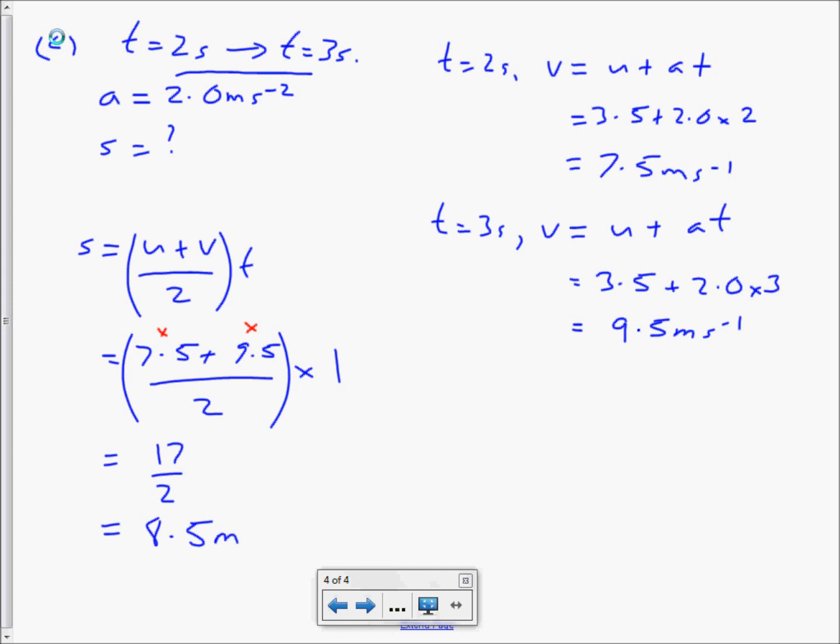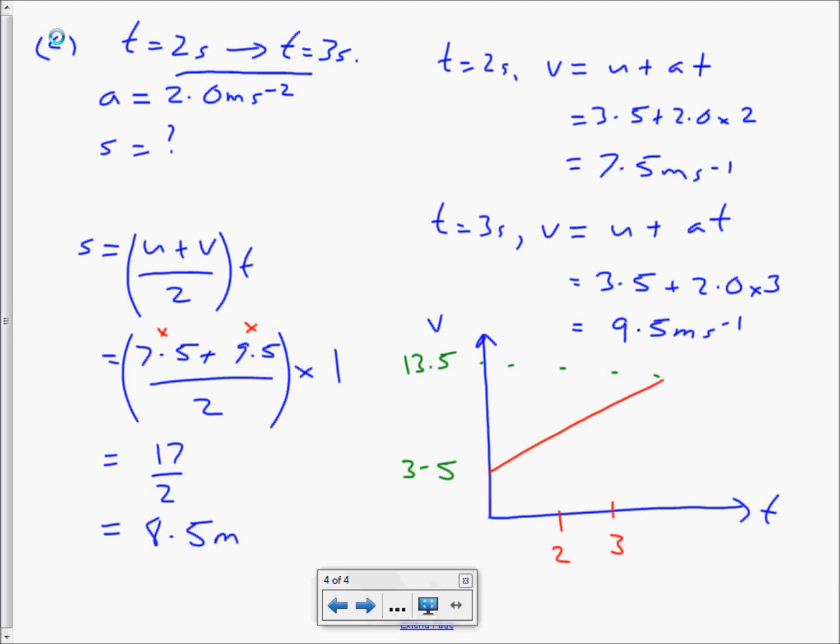There are other ways of doing things. If we think about it in terms of just a graph, plot a graph of velocity against time, we've got a line like that. We've got our starting velocity of 3.5. We've got our finishing velocity up here of 13.5 meters per second. There's our t equals 2.